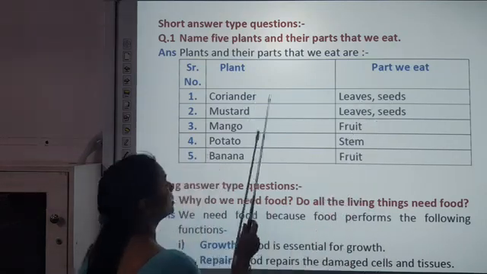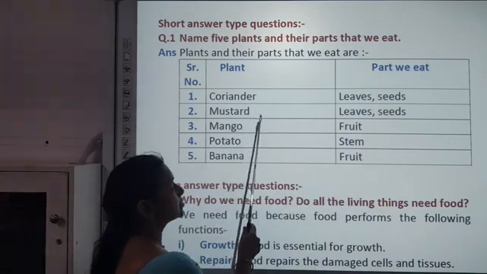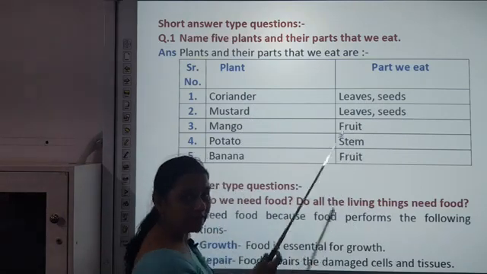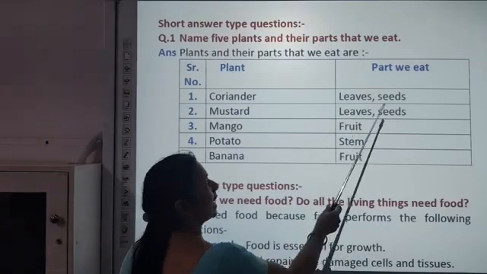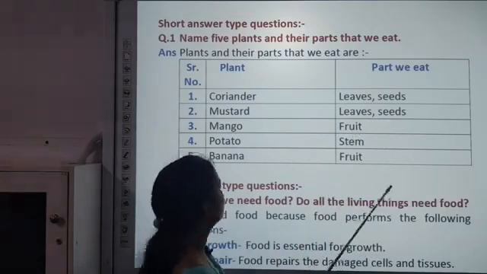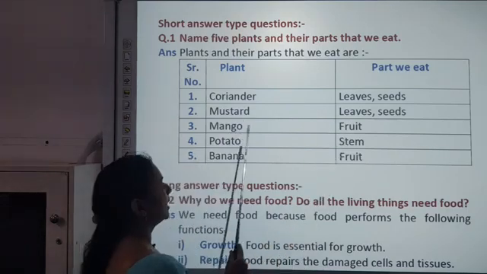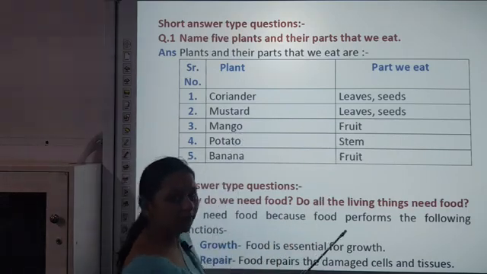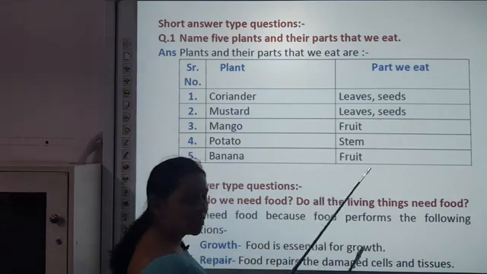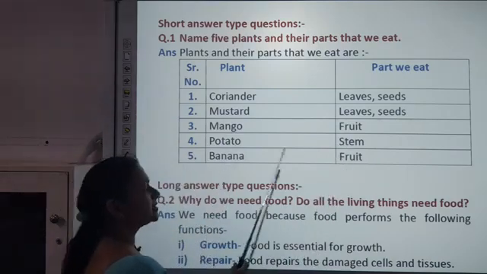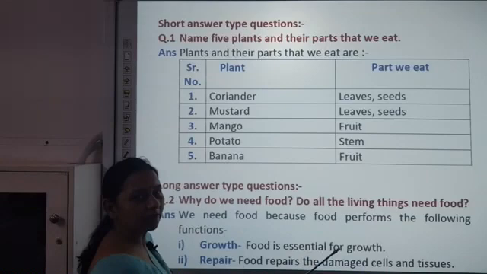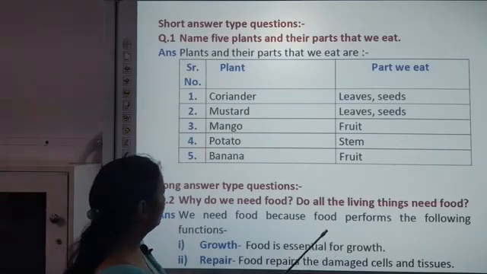Again, mustard is also used, as mustard leaves are used for vegetables and the seeds are also used. Mango is served as fruit and potato is a modified stem that we have as food. Banana is a fruit part of the plant that we have as food.